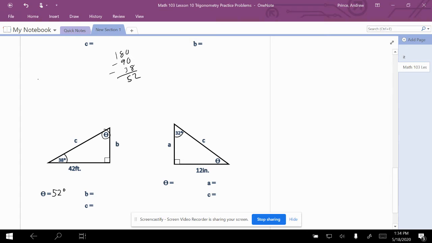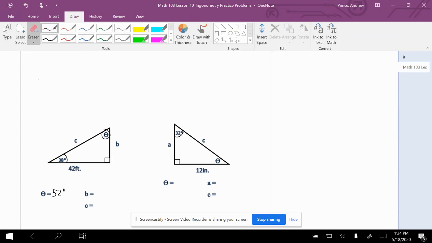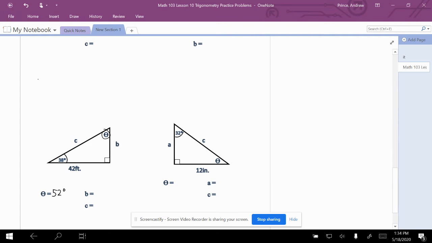All right, let's use the SOHCAHTOA for the remaining values here. So my perspective again is this 38 degrees down here because that's what I'm going to be putting into my sine, cosine, or tangent value. And I'm going to have to choose, am I going to solve for B, which is the opposite side, or C, which is the hypotenuse?